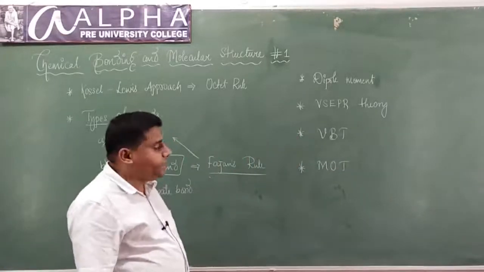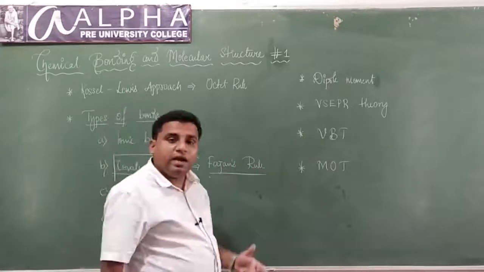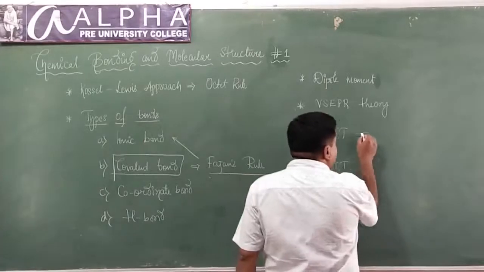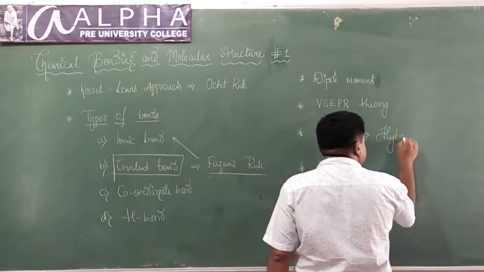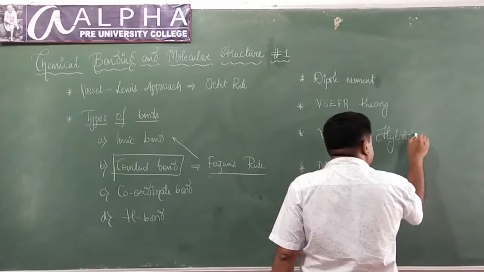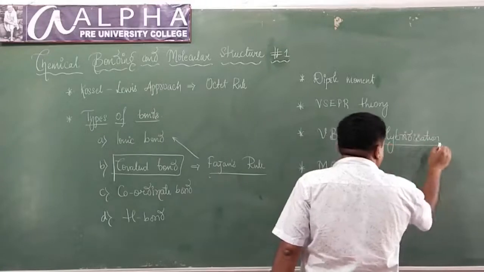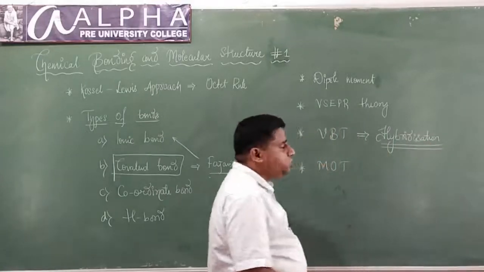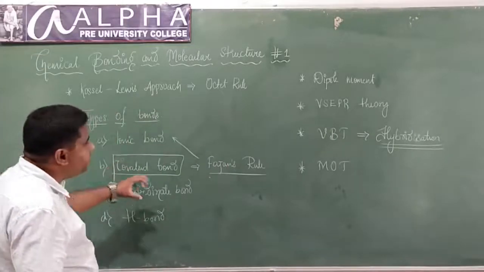All the 3 theories are very important. And in valence bond theory we come across a concept called hybridization. Understand, students? So we shall emphasize a discussion on all these concepts.